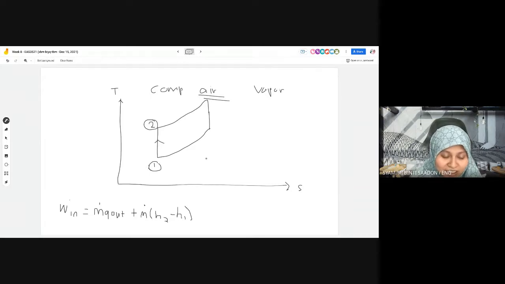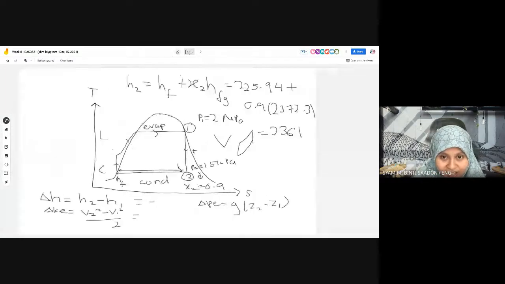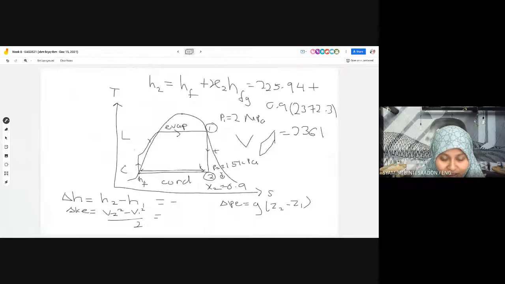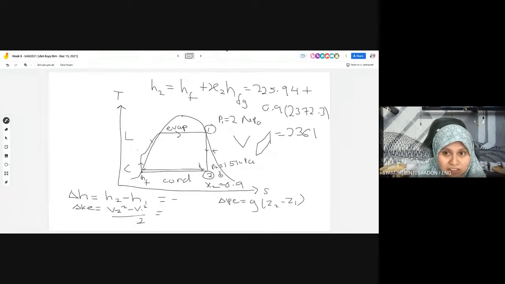Compressor, again compressor. If you look back at the TS diagram previously, if you want to use table A6, why we cannot use table A6? Because if you use table A6, the compression process here occurs in a liquid phase.